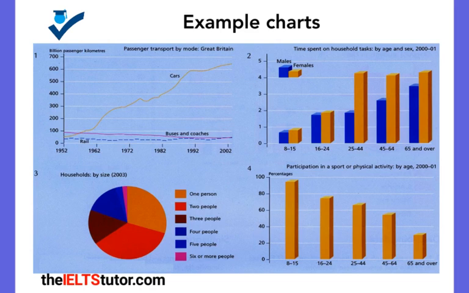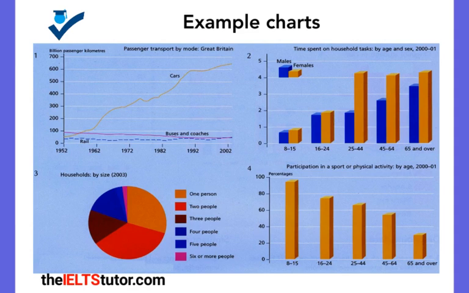Here I've got 4 illustrations. They show you a snapshot of British life early in the 21st century. So my first question to you is, I hope you have a pen and paper in front of you. It's always a good idea to make some notes as we go along. Which aspects of life does each illustration relate to?